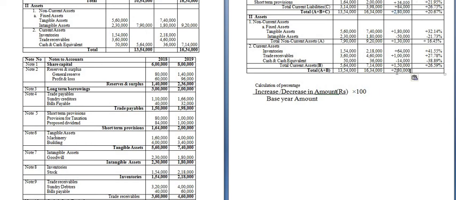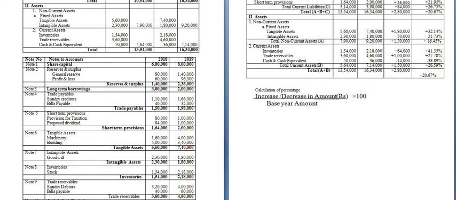So right here, and the percentage: 2,80,000 divided by 13,54,000 is equal to plus 20.67%. Okay.